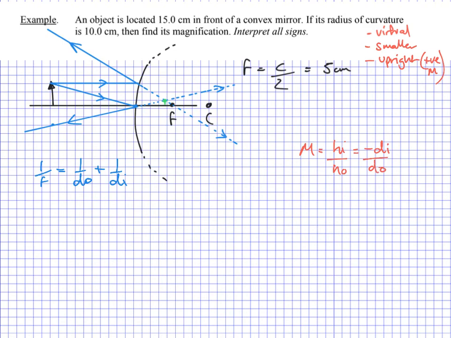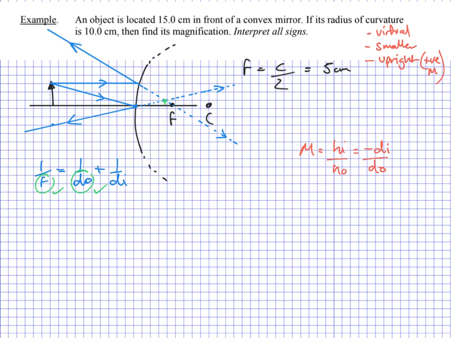Which things do I know? Well, I know the focal distance, it's 5 centimeters. I know the dO, given in the question, 15 centimeters. And that's all I know.